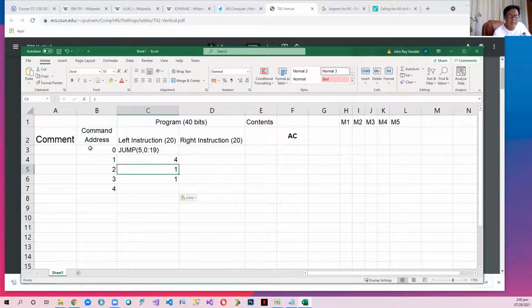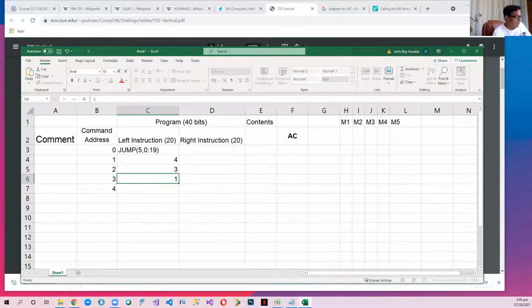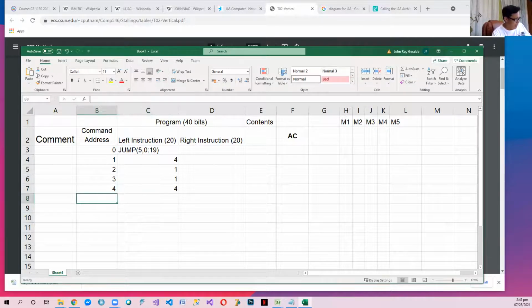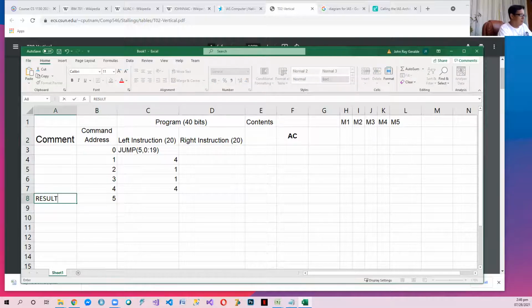I think we need a 3. Okay. Kasi we'll just put a 3, no? Ano, the 3 will put in here. Our result will be in M5. Ito yung result, no?